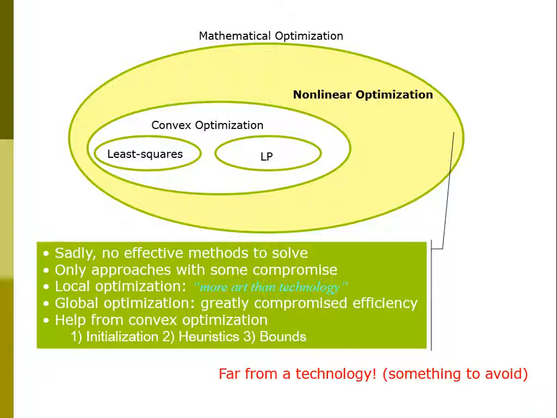For example, in local optimization, the compromise is to give up seeking the optimal x, which minimizes the objective over all feasible points. Instead, in local optimization, we just seek a point which is only locally optimal. But global optimization is the opposite, because the true global solution of the optimization problem is found, and the compromise is efficiency.